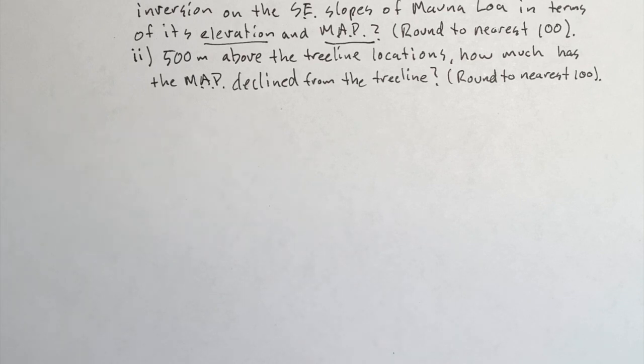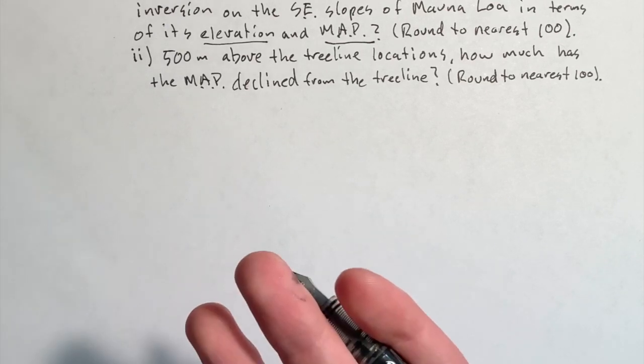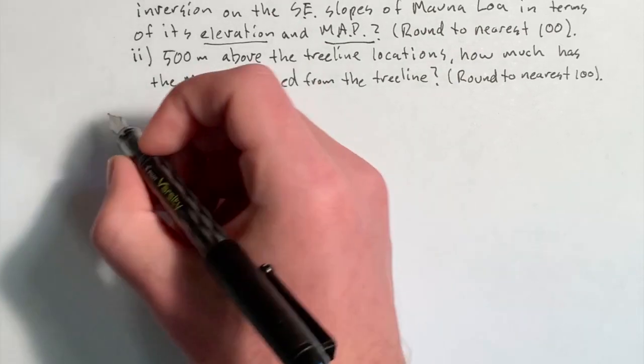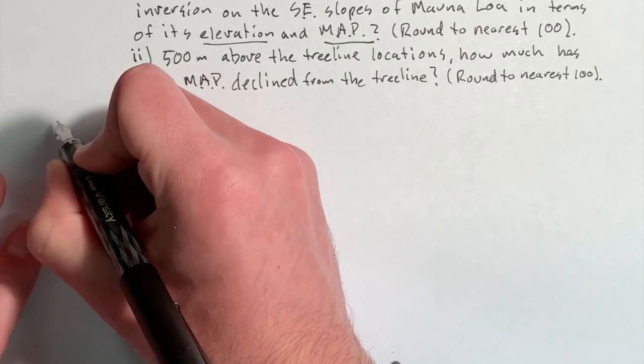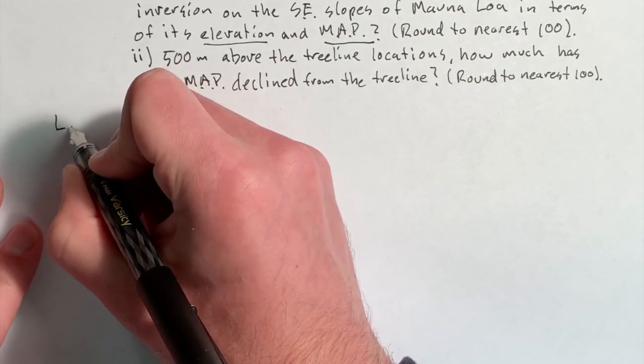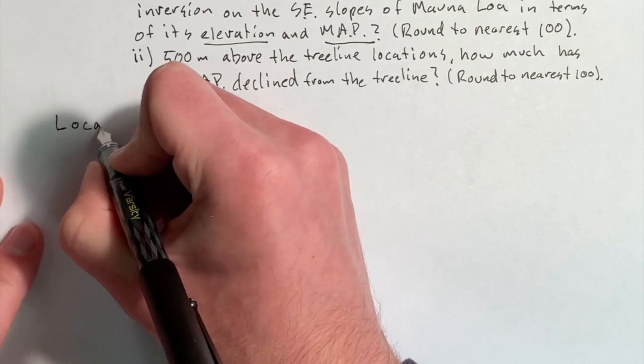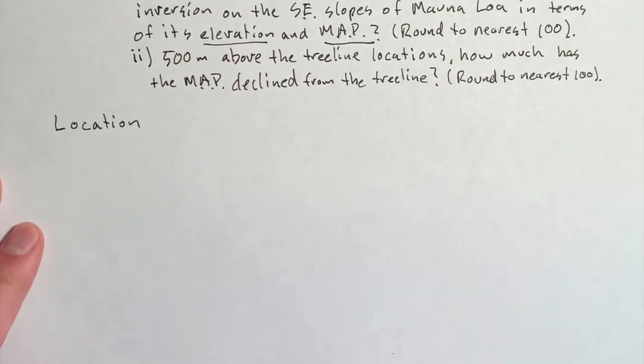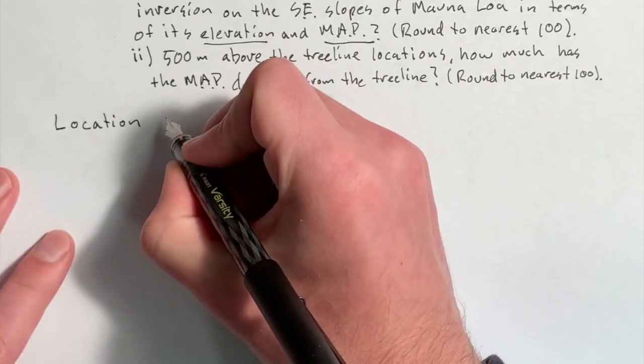So we need to record the 5 different locations that we're going to be going to. We're going to give those to you in terms of latitude and longitude. So the first column we're going to have in our chart is our location. We need to find the elevation of the tree line in meters.